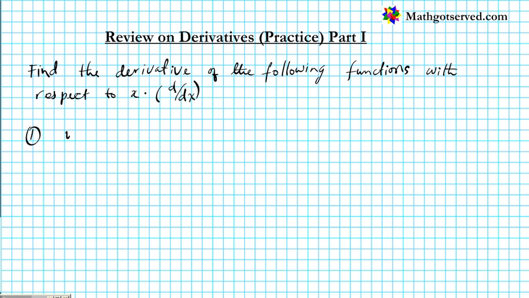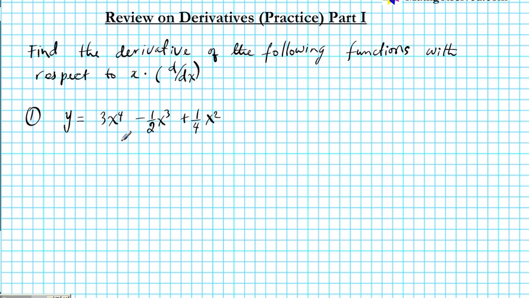All right. So let's start with function number one. What if we had y equals 3x to the fourth minus 1/2 x to the third plus 1/4 x squared. Okay, this is a polynomial function. So what we're going to do is apply the power rule, and we're going to differentiate each term by term.